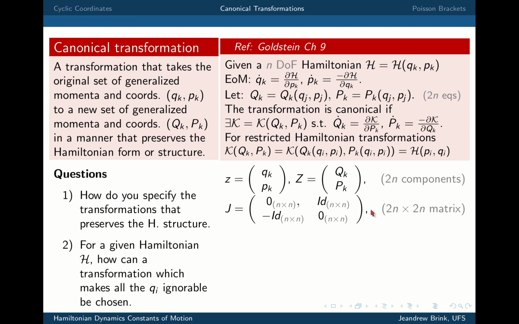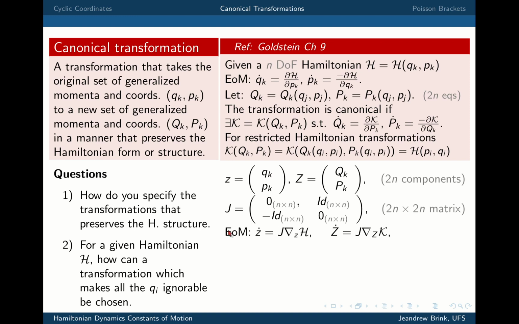So this is a 2n by 2n matrix, and J is designed to give me the structure where q dot is equal to dK/dp, and p dot is equal to minus dK/dq.